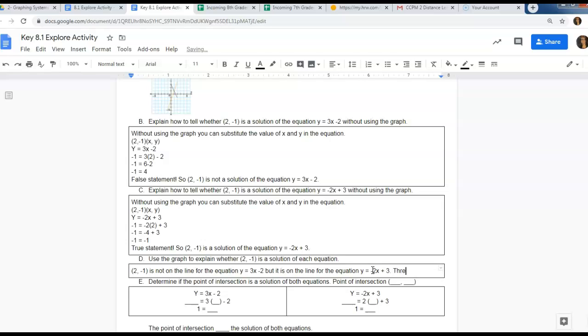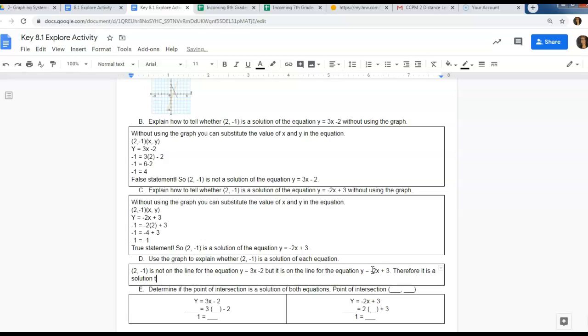Okay, therefore, it is a solution to the equation y equals -2x plus 3.